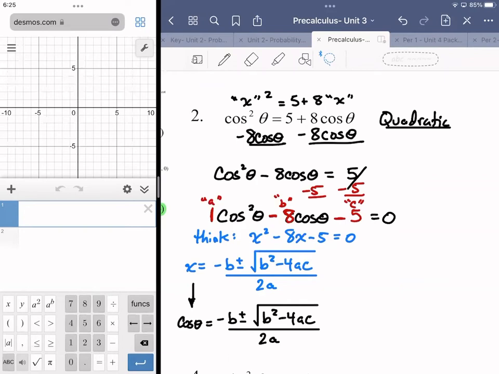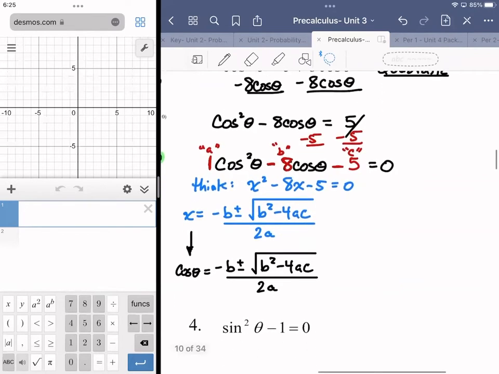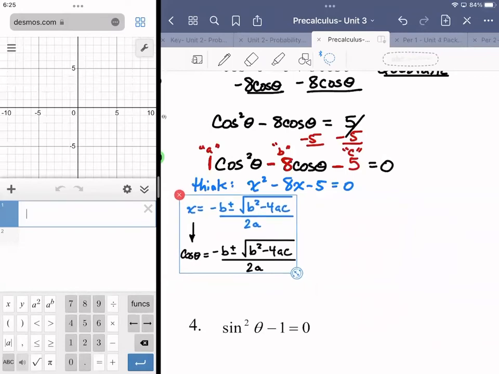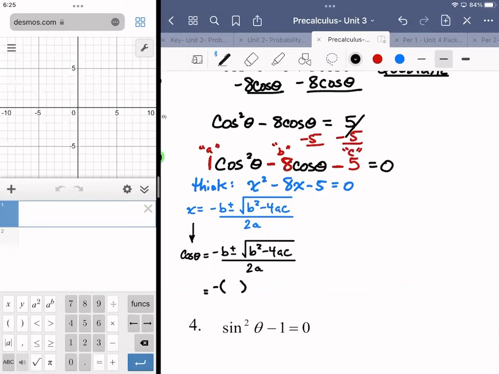So a, b, and c are 1, -8, and -5. So I could pop that into my quadratic formula. I'm going to shrink it up a little bit just so I can fit it below. So negative b plus or minus the square root of b squared minus 4ac all over 2a.